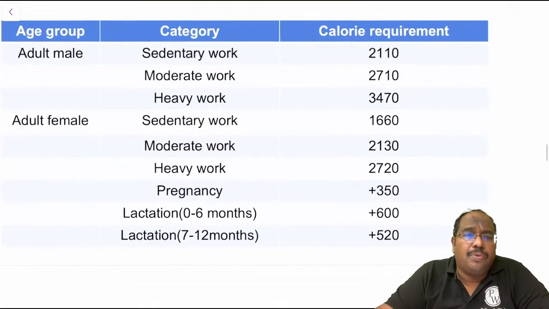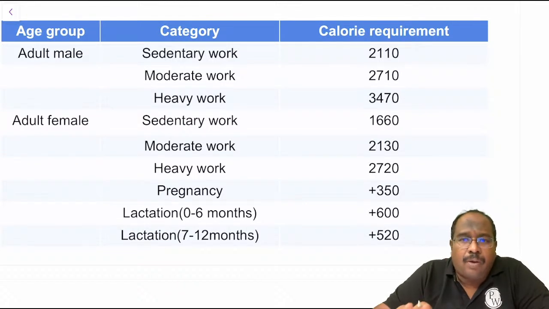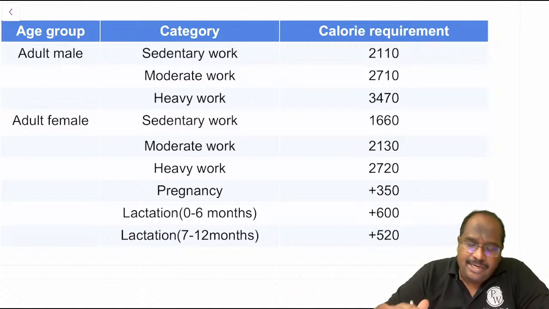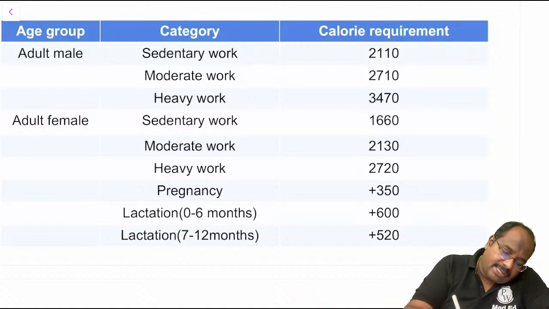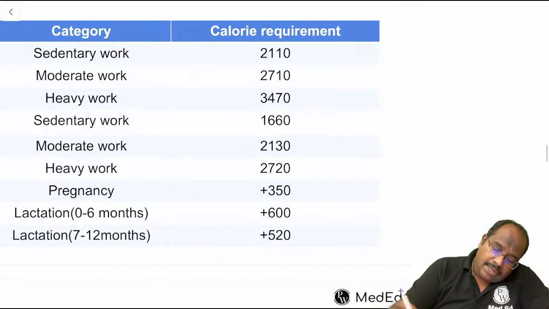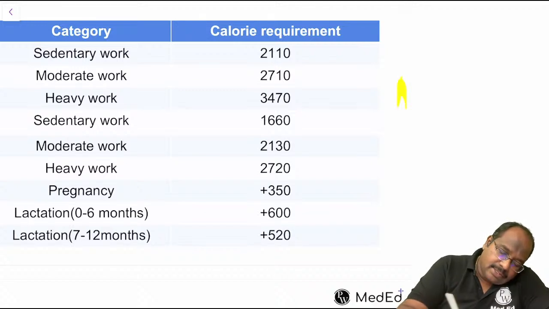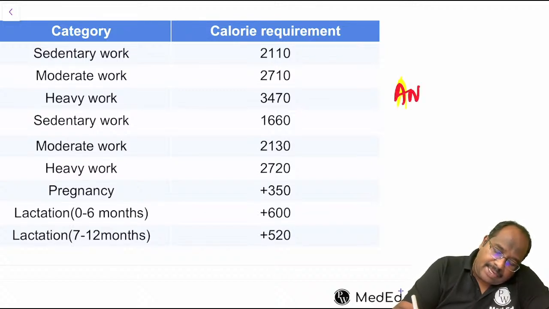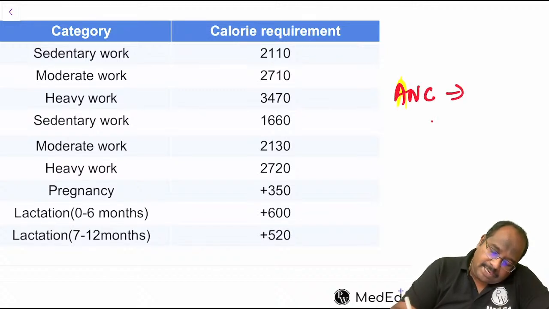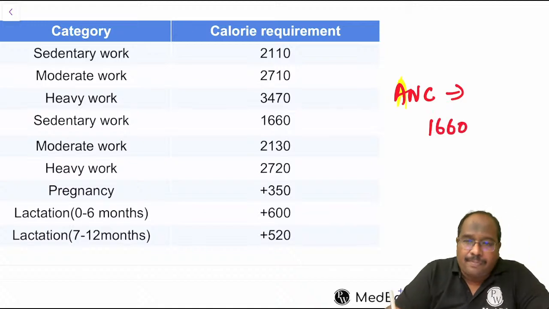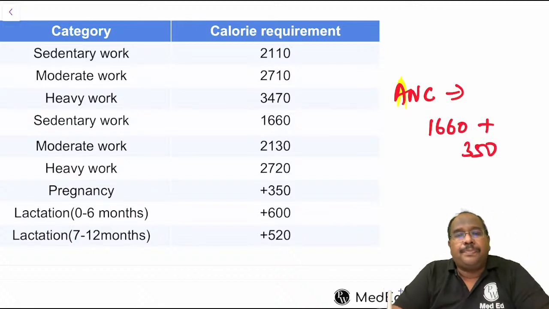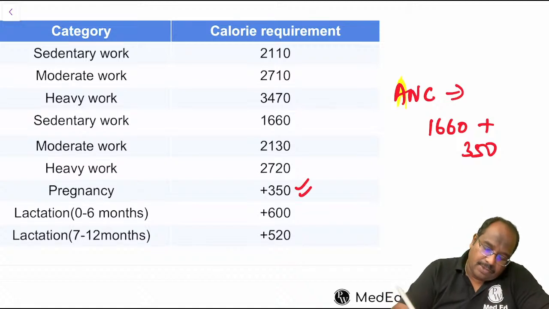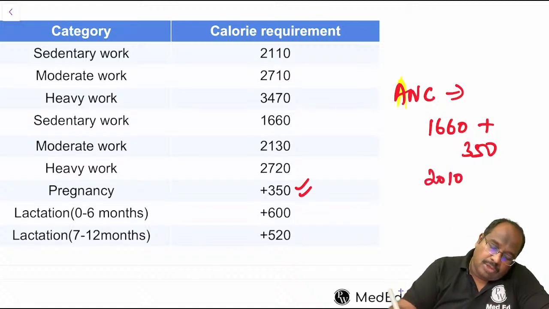This you should know. Adult male: sedentary worker, how much calorie is required, moderate worker, heavy worker. For female we have given, plus additionally if it's an antenatal case, then how much is the requirement? Suppose she is a sedentary female, 1660 plus 350 calories, so that is 2010 calories.